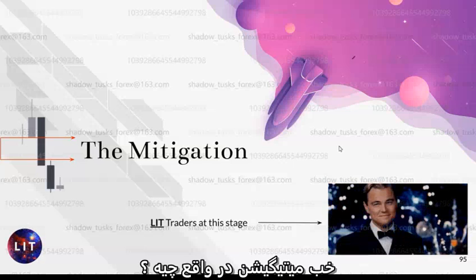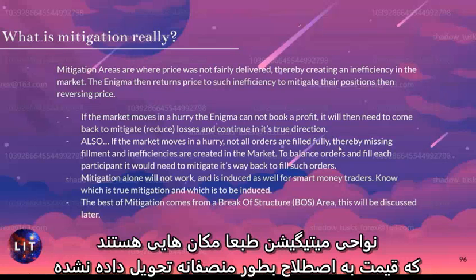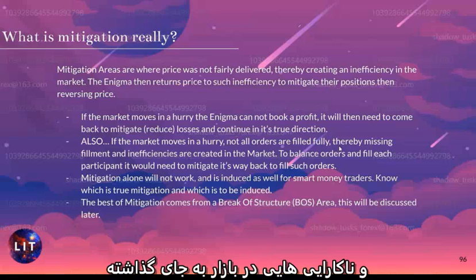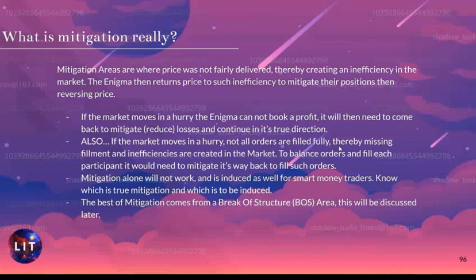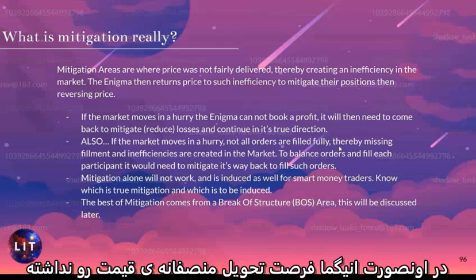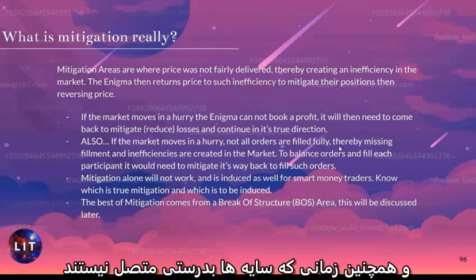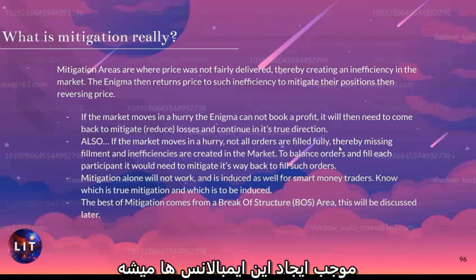Okay, so what mitigation really is: mitigation areas are where price was not, in quote unquote, fairly delivered and left an inefficiency in the market. If price was not properly delivered, because of speed or whatever reasons, Enigma had no chance to deliver it fairly and creates these inefficiencies when the wicks are not connected properly, and that creates these imbalances.